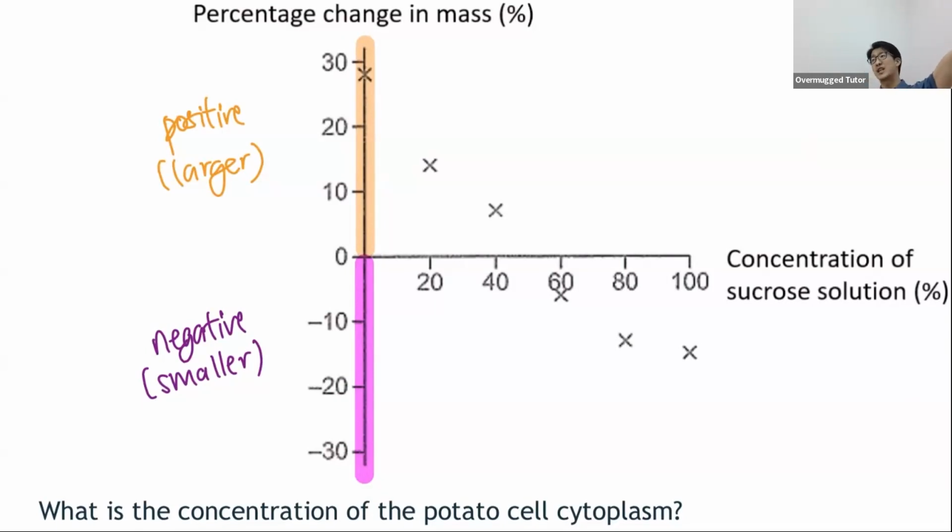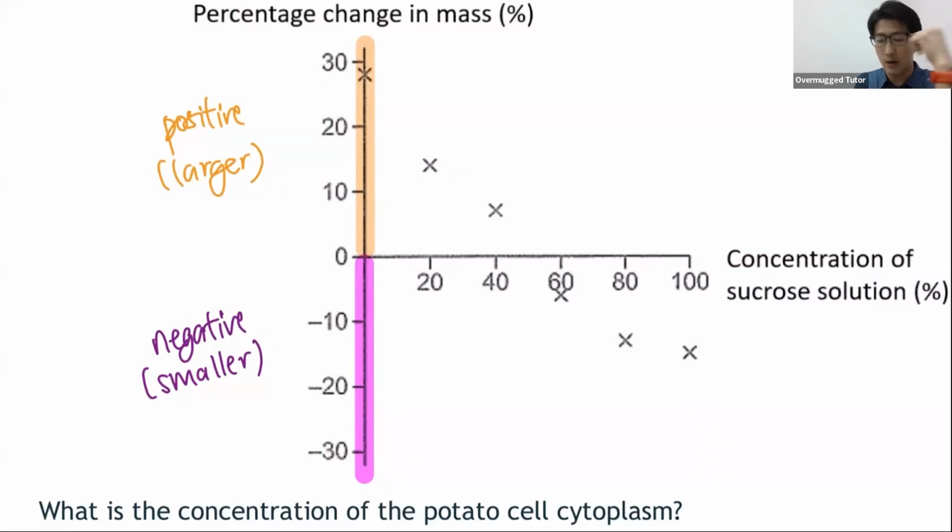So the potato became larger, and the reason is because the water concentration of the potato cell is less than the solution, so therefore the movement of water is from the solution into the potato cell. Very good, except for one rather big mistake. Did we spot that? What is it? It should be potential. We cannot say water concentration. But otherwise, good answer.